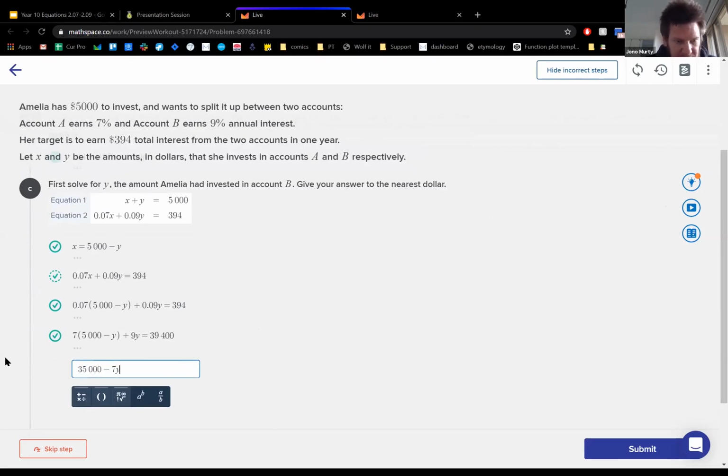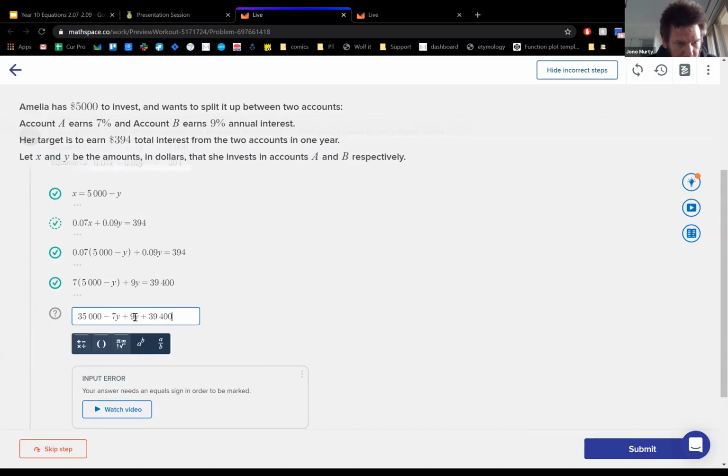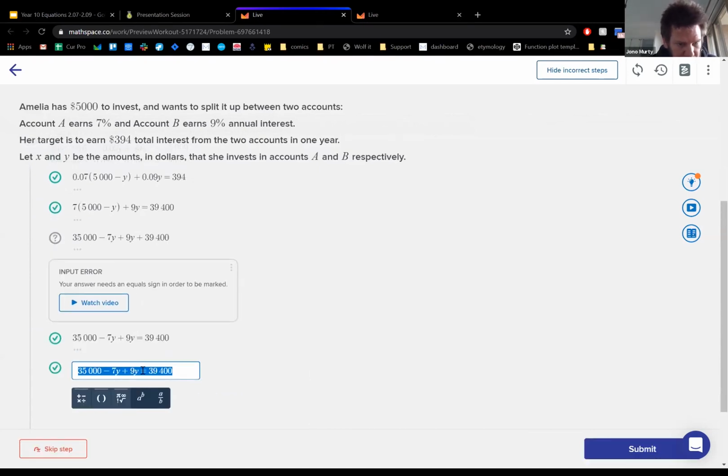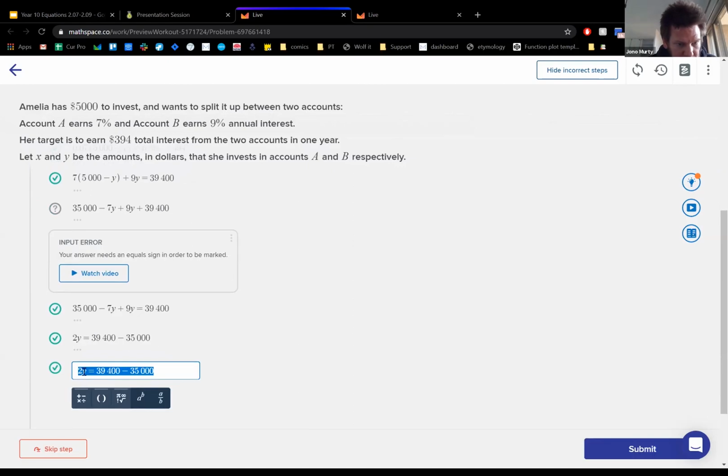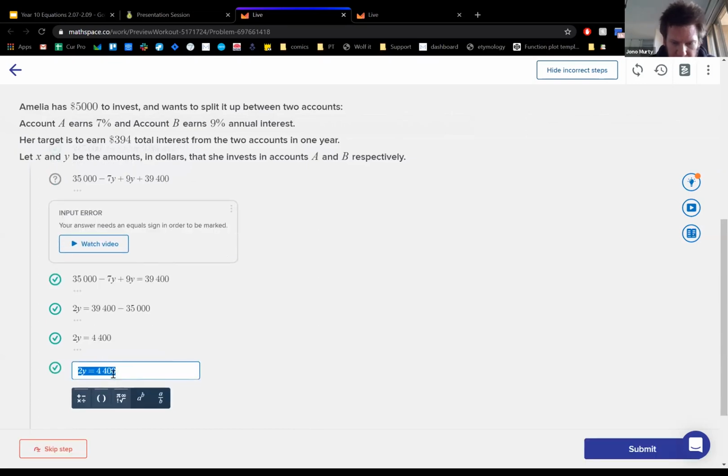We can now just continue on. Oh, should be an equals. Collect the like terms, take away 35,000. And that means, what's that, 4,400. Y equals 2,200.